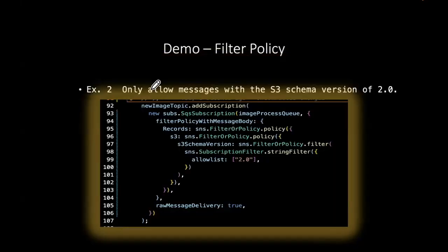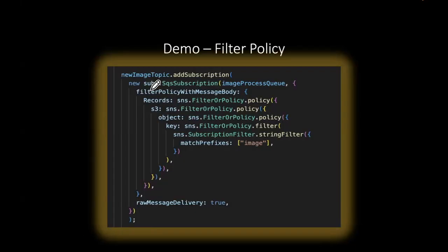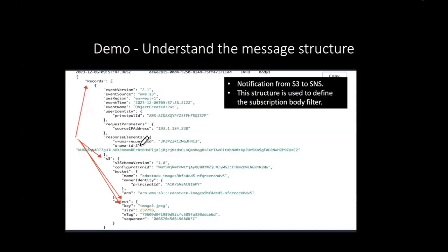Just by way of an example, supposing we wanted to define a different filter, and if I go back to here, supposing we want to define the filter based on this property here, the particular version of the S3 schema. We needn't worry about it. Looks like it's version 1.0 of the schema, so perhaps there was a 0.5 version.